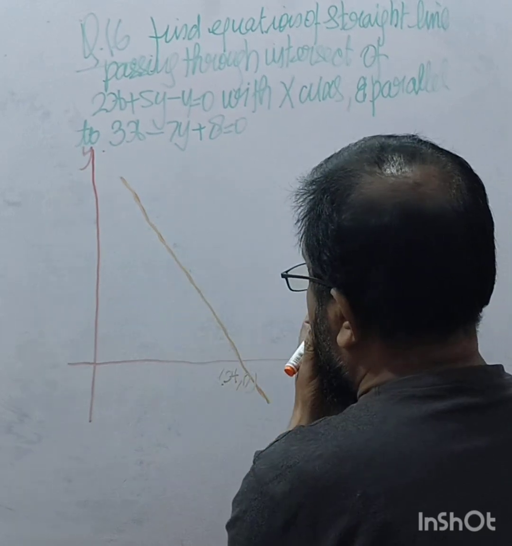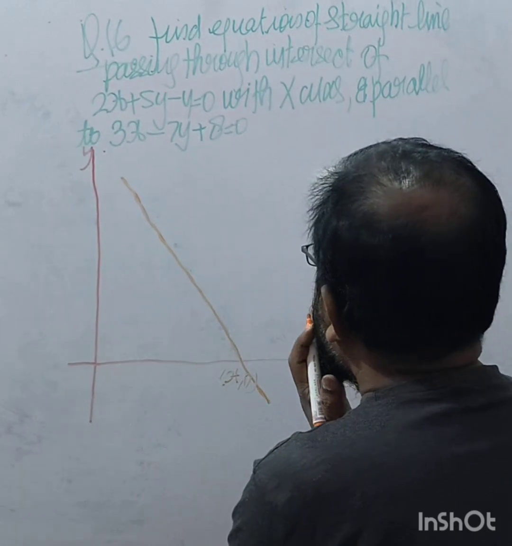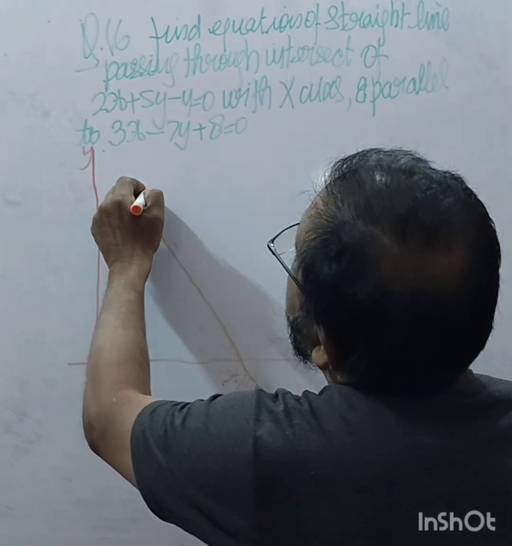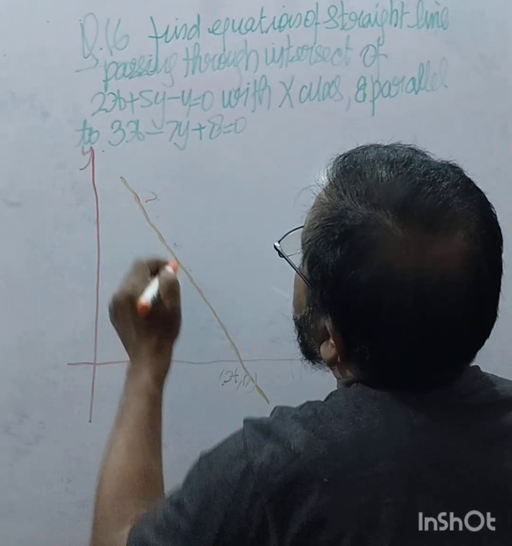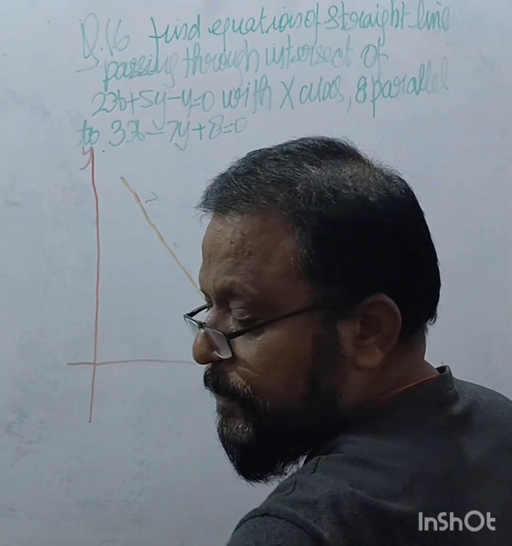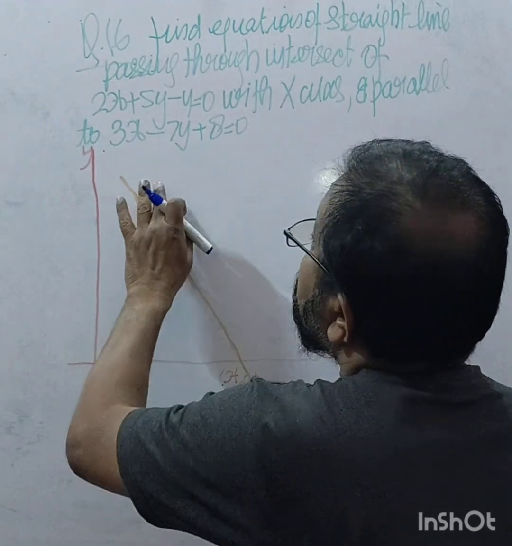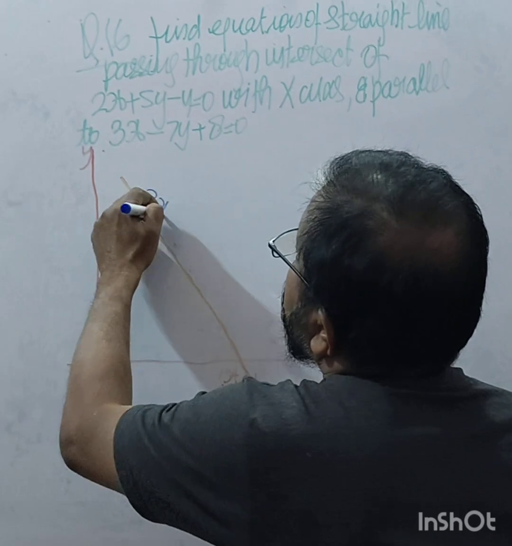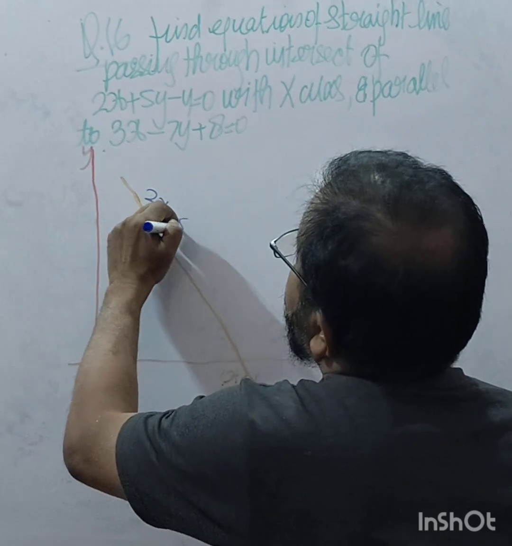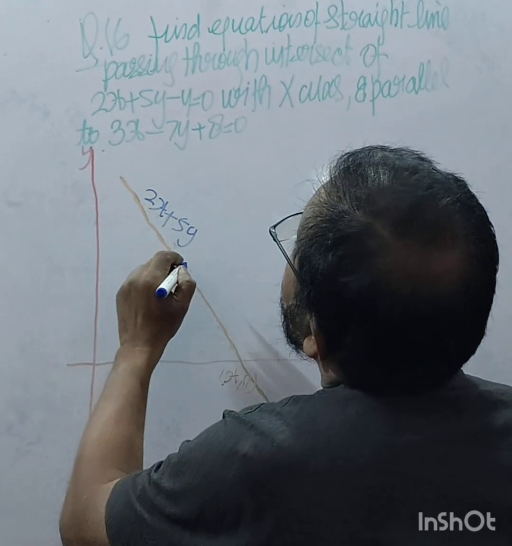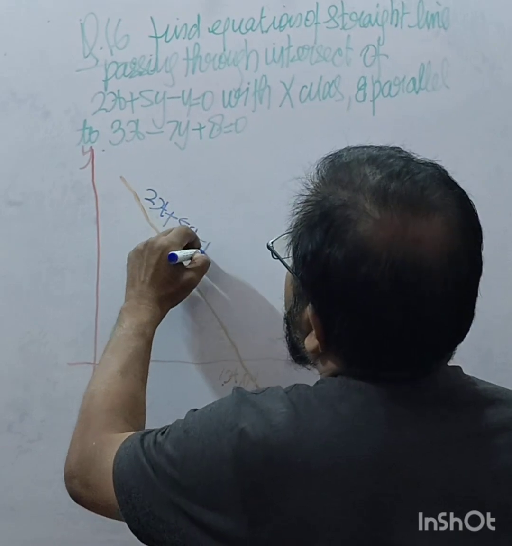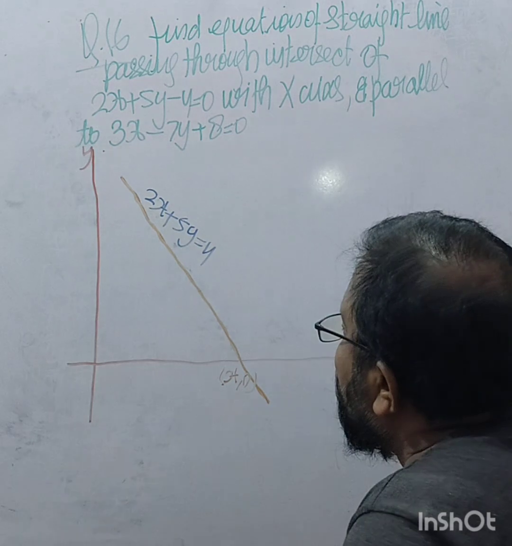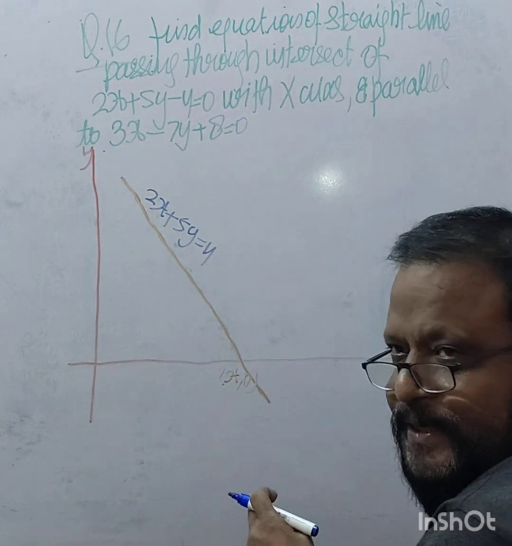And its equation is 2x plus 5y is equal to 4, right? It is intersecting here.